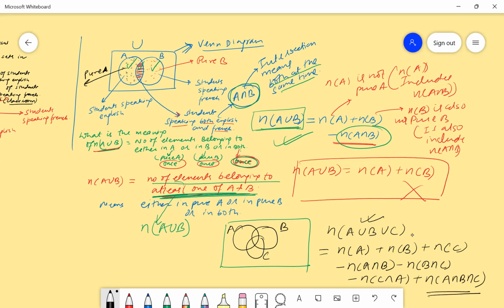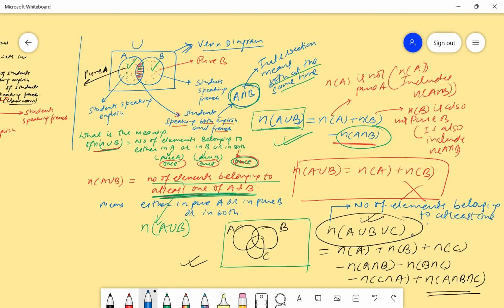So you try proving this formula for N(A union B union C). The meaning of this is the number of elements belonging to at least one of A, B, and C. Now, what does it mean?